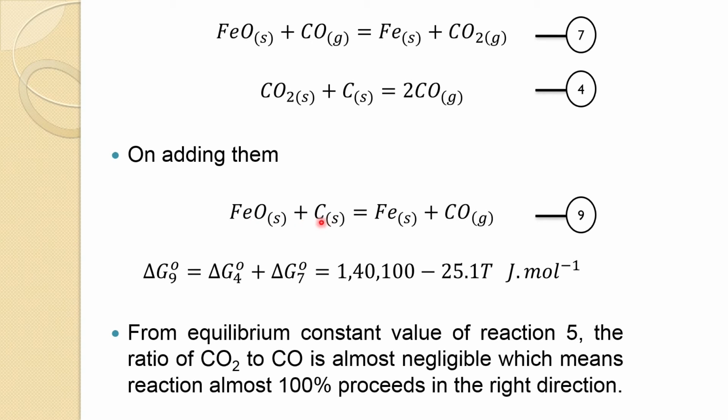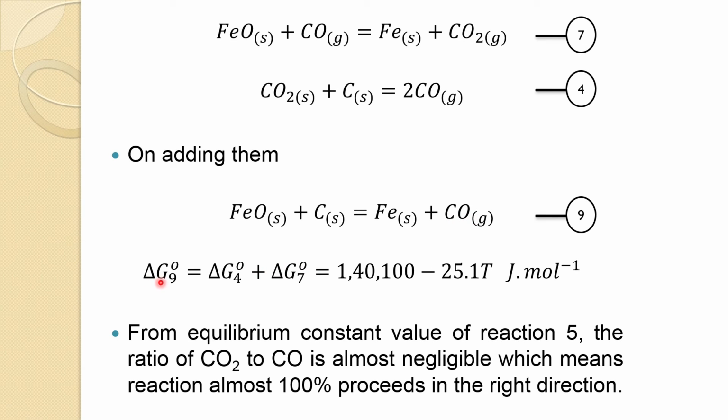Essentially, it is not the carbon directly reducing it, it is getting reduced via gaseous phase. The overall reaction is known as this one, which you call a direct reduction.